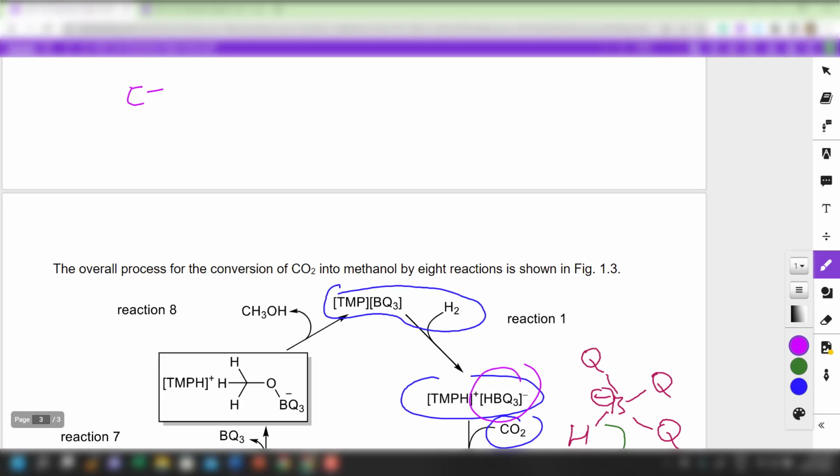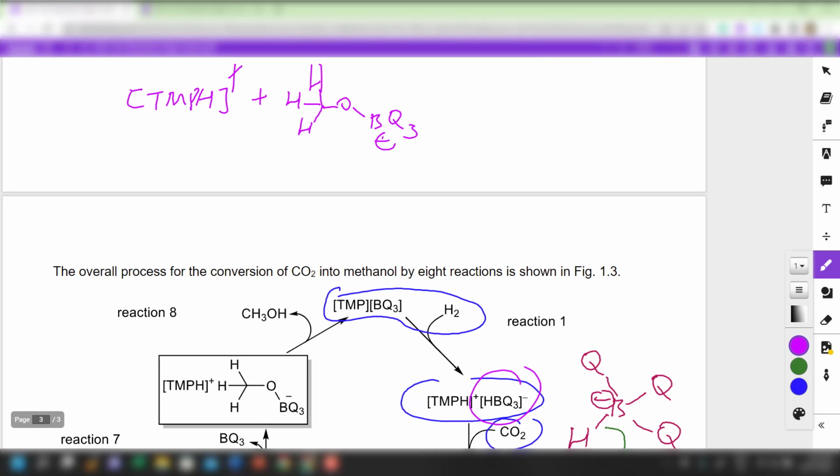The first step is likely to be TMPH with a plus charge, and then of course plus this methyl group H, and then with O, BQ3 minus.